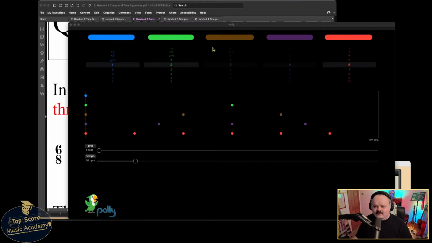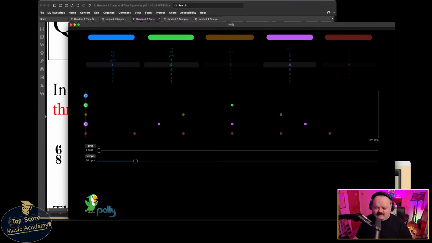Now, if we swap it over to 2/4, 1 and 2 and 1 and 2 and 1. That's our polkas. Okay. Let's see if we can keep in time this time.